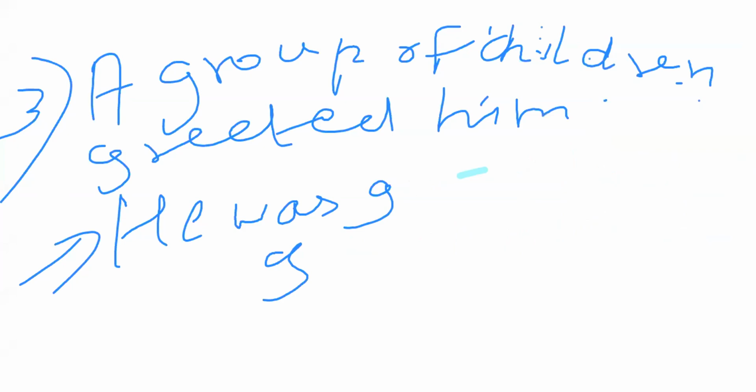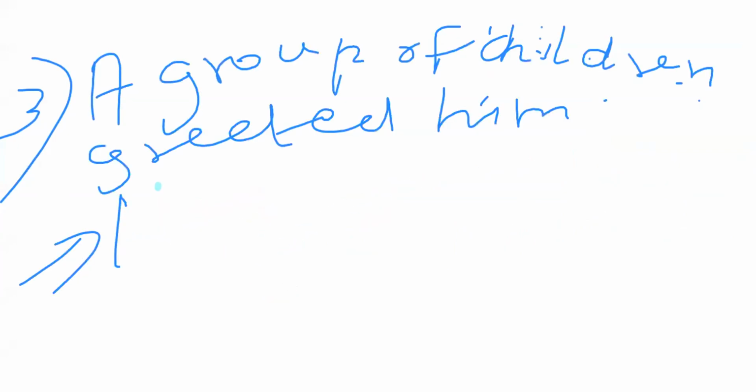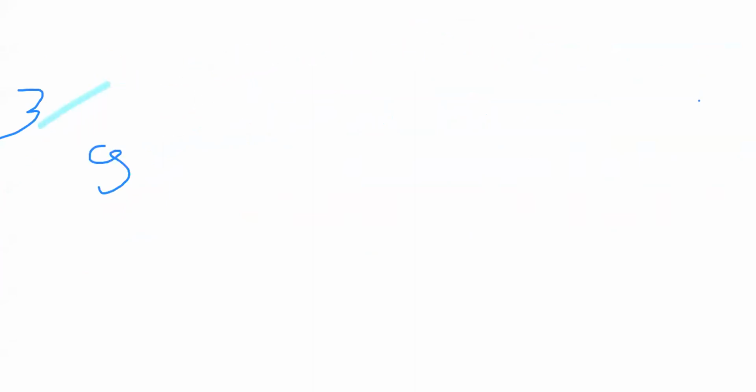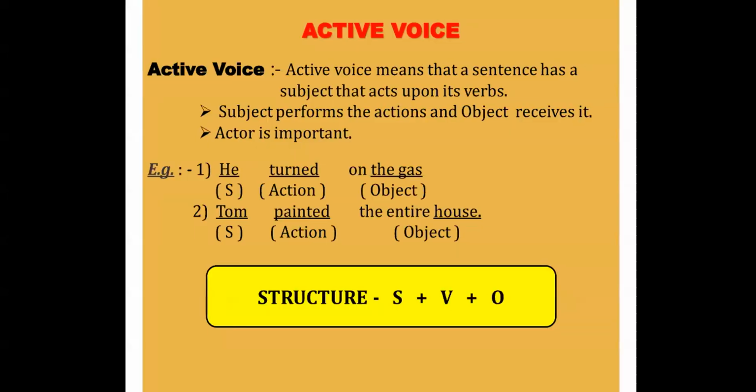We have seen the active voice definition, the passive voice definition, both structures, how to change the interrogative sentence and its rules, and changing imperative sentences and its rules. What is the structure of active voice?